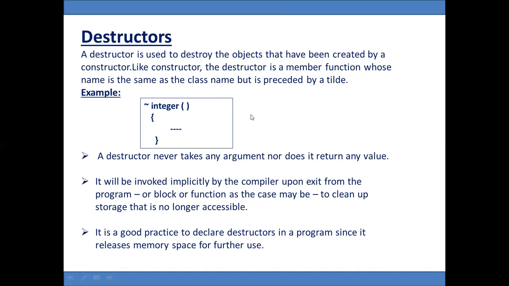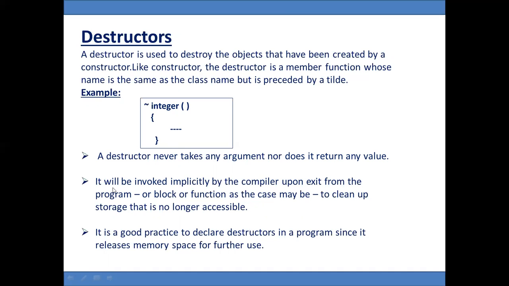Destructor is mainly focused on destroying the objects in the memory location. A destructor never takes any arguments and does not return any value. No argument, integer as a destructor.